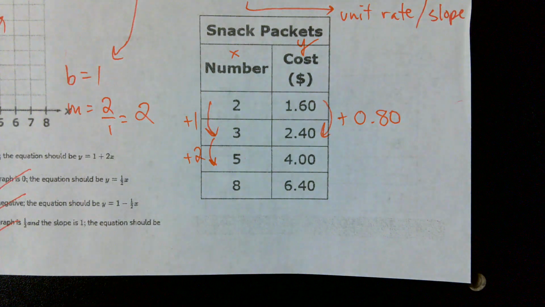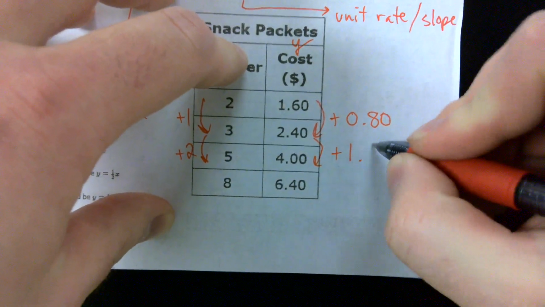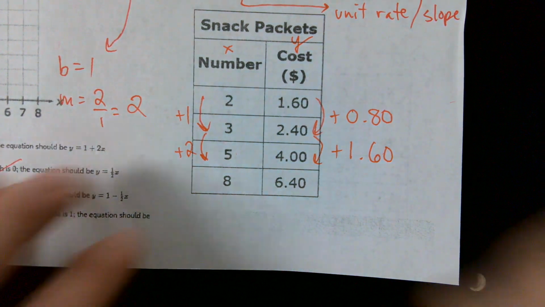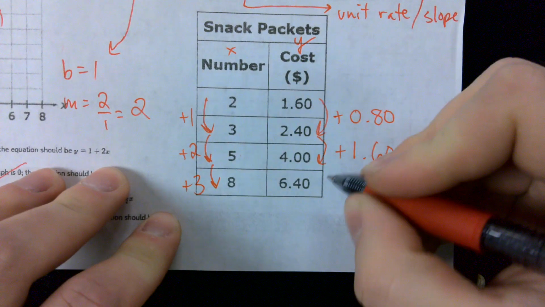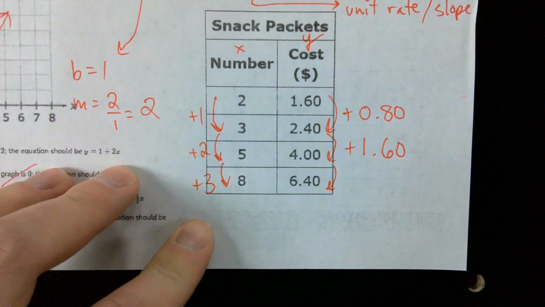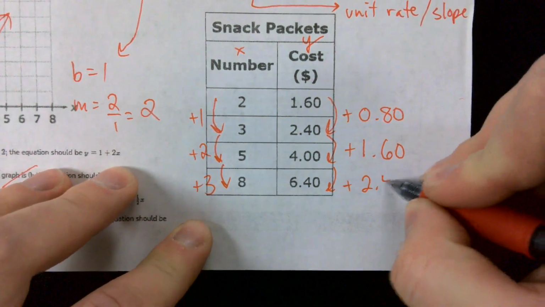How do we get from 2.4 to 4.0? What's that a change of? Plus 1.60. Right? From 5 to 8, that's plus 3. What's 4 to 6.40? $2.40.